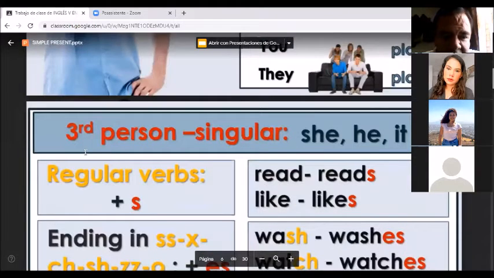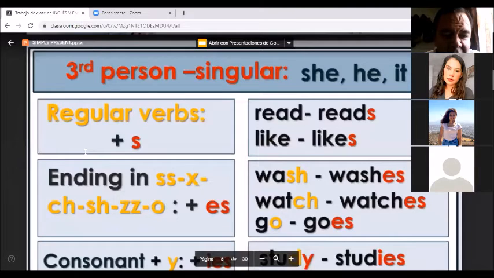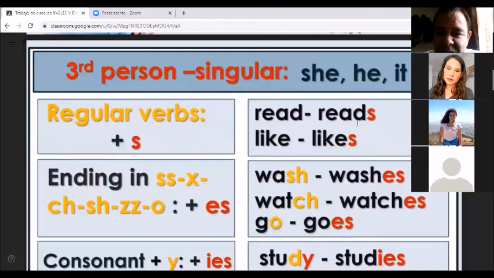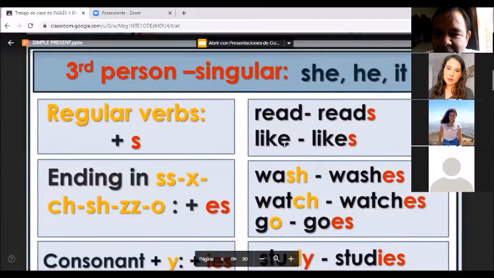Let's continue then if you don't have any question. As I told you, we are going to have three rules for the third person. The first one, or the general rule, says that we add s to the third person in the simple present affirmative. Read changes to reads, like changes to likes: she reads, she likes, he reads, he likes, it reads, it likes.